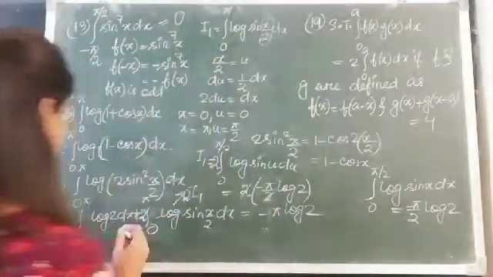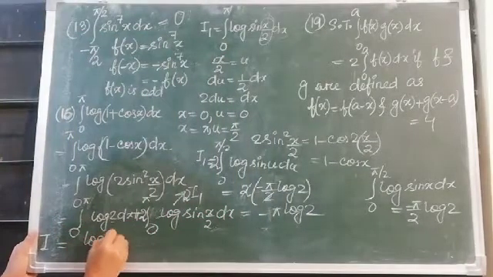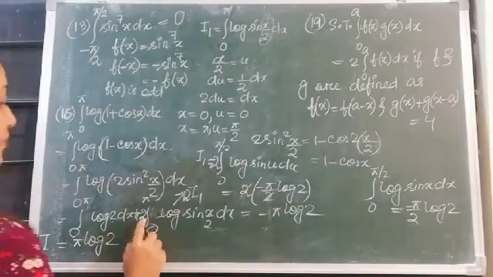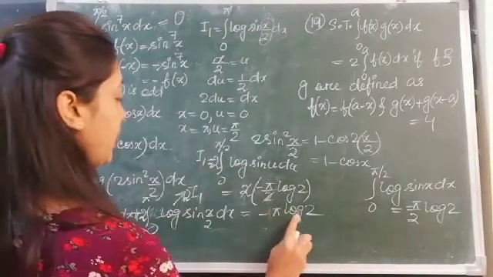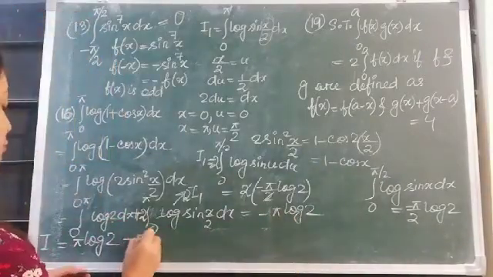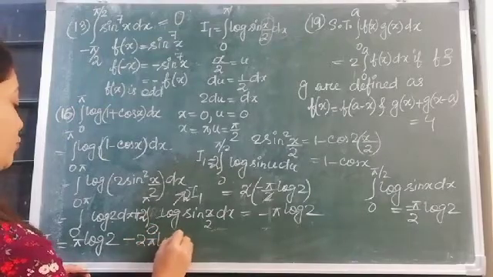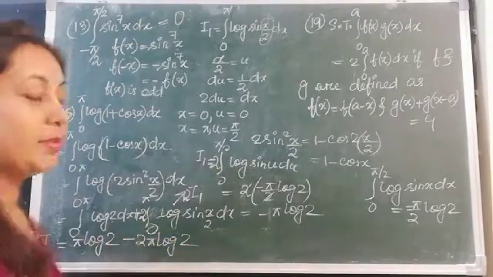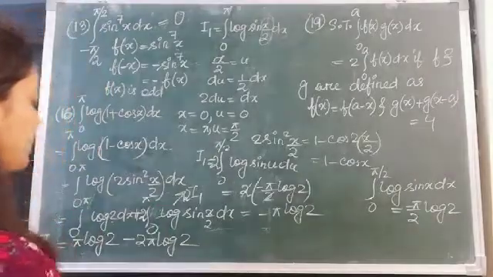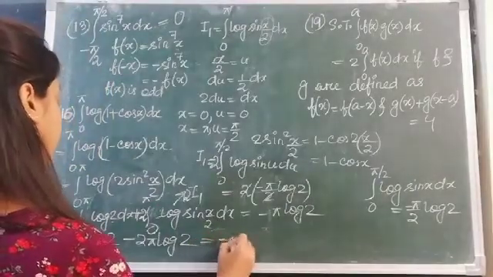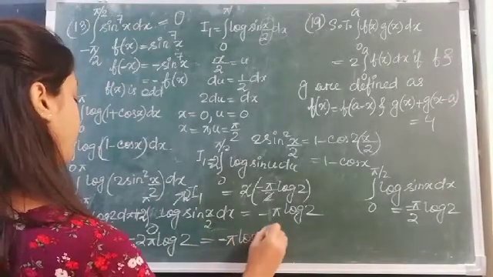Pi. So you'll get log 2 multiplied by pi, and the value of this is equal to how much? Minus pi log 2, so minus 2 pi log 2. So log 2 you take common, pi minus twice pi, that is equal to minus pi. Hence your answer will be minus pi log 2.